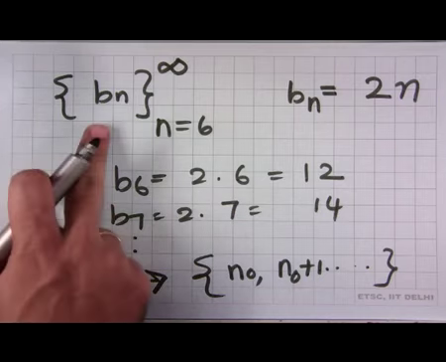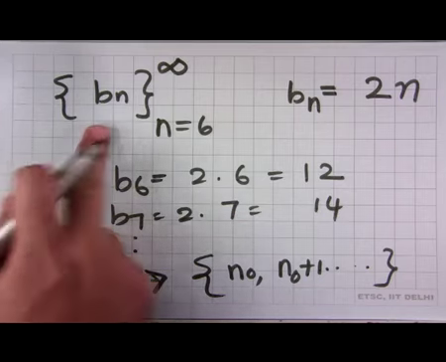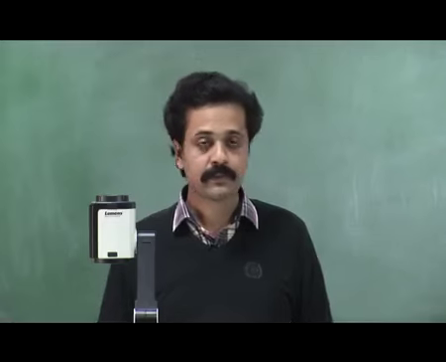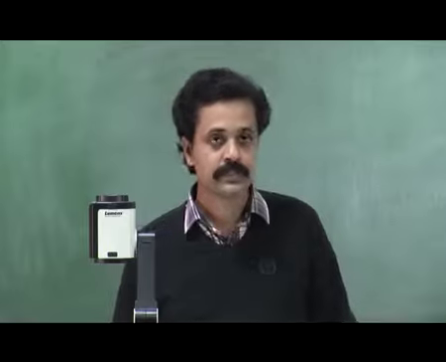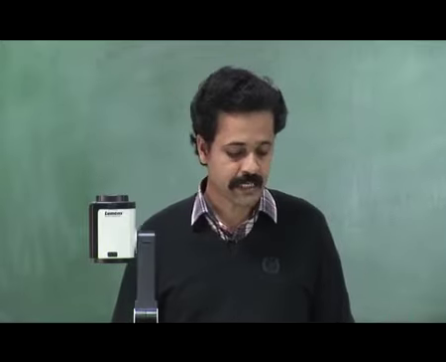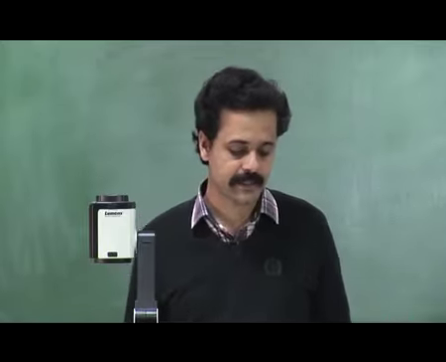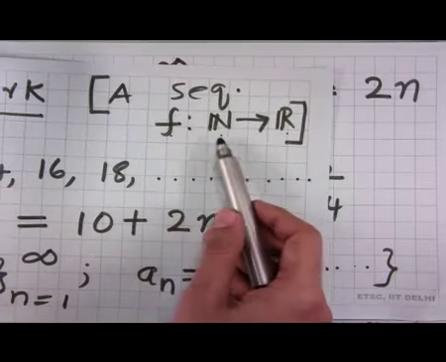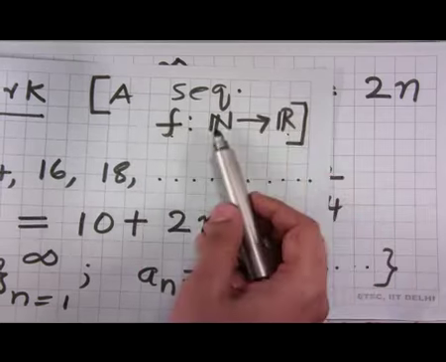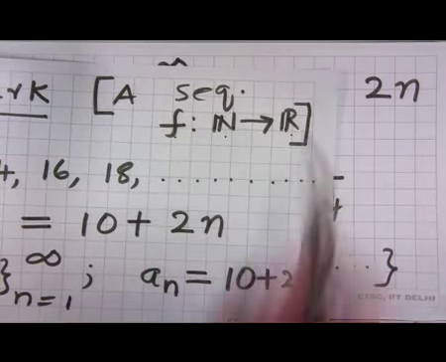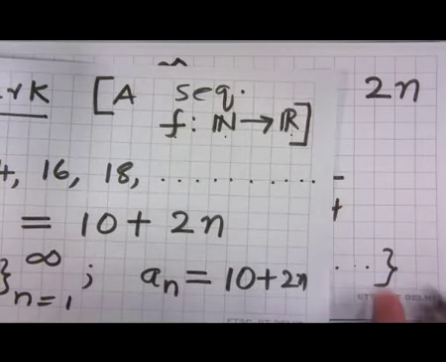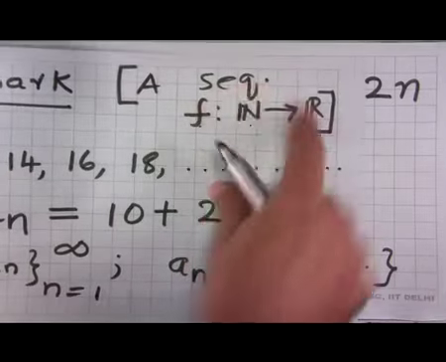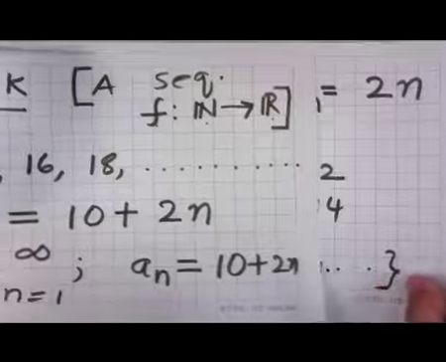In the previous example, we started with b_6, b_7 and so on. This remark should shed light on the fact that a sequence can be defined as a function from some subset of natural numbers to R, though it is customary to define it from the set of natural numbers.